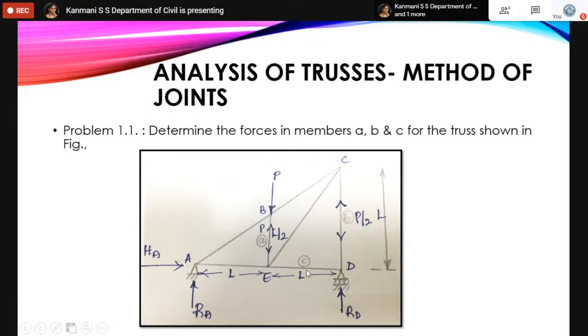So the first thing is to find the reaction RD. Once we find the reaction, we will say the force in C is 0, and the force in B is straight away transferred from RD.